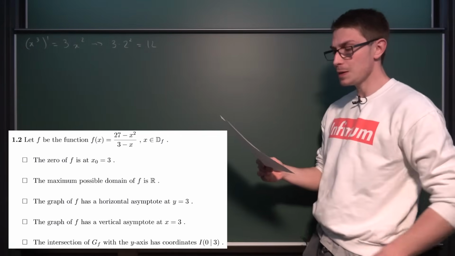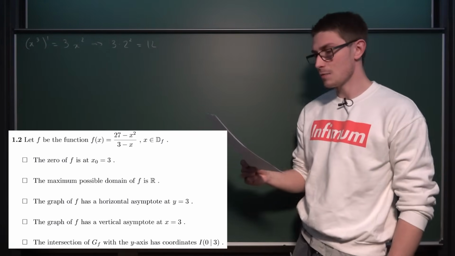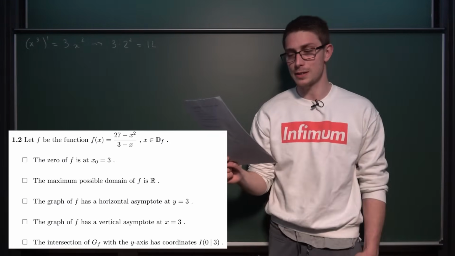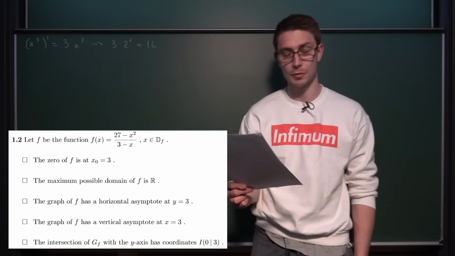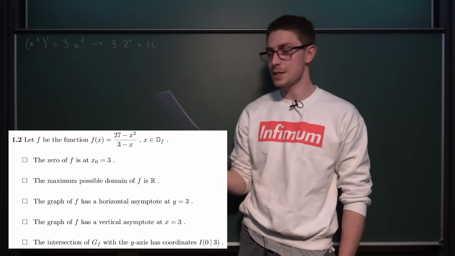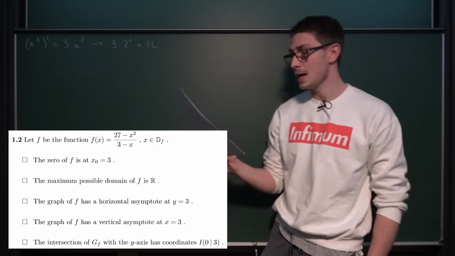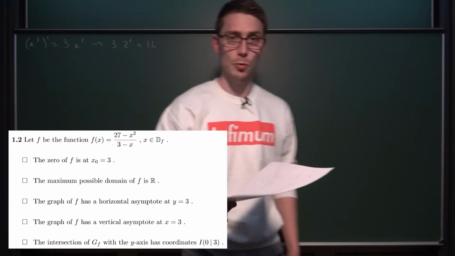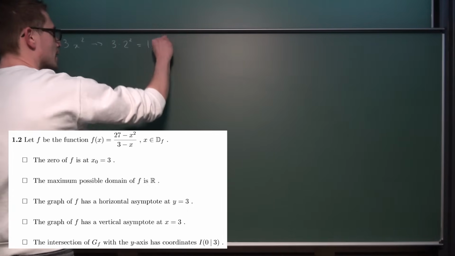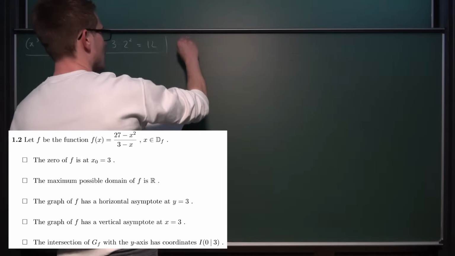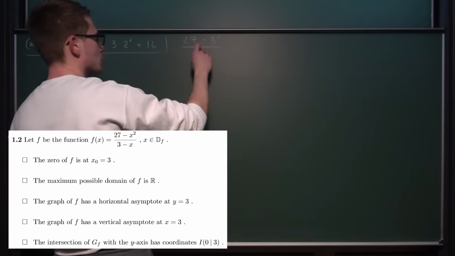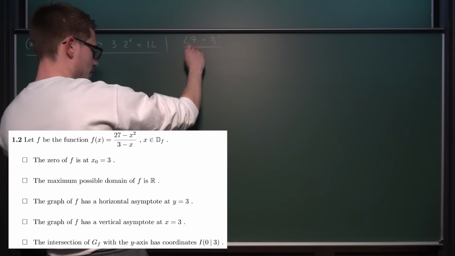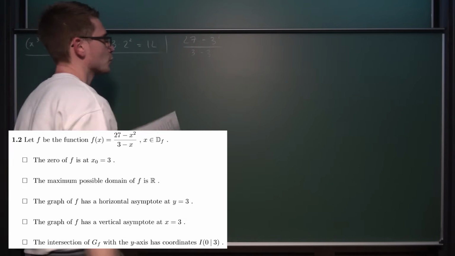Okay, let f be the function 27 minus x squared divided by 3 minus x, where x is an element of the domain of the function f. First option, the 0 of f is at x being equal to 3. So why not plug this in and see what we are going to get? If we plug our 3 into here, we are going to get 27 minus 9 divided by 3 minus 3.